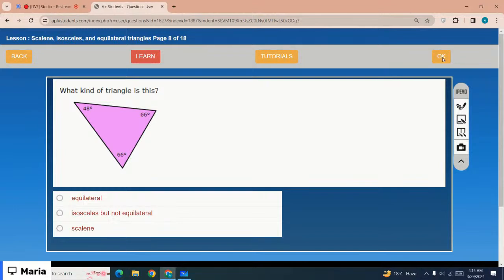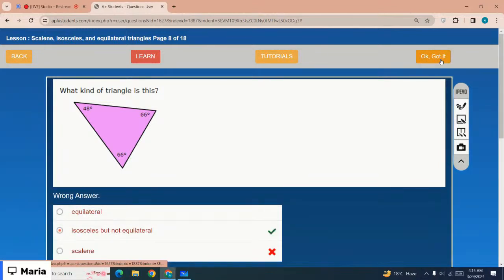What kind of triangle is this? Yes, again the scalene triangle. The correct option is scalene, right? Isosceles, sorry, two of the angles are equal. I forgot, that is the isosceles triangle. Got it?